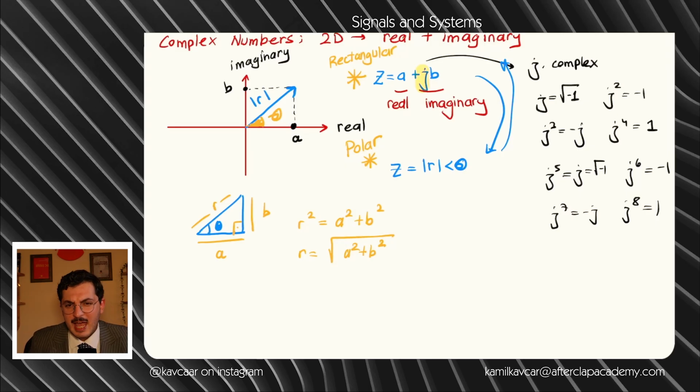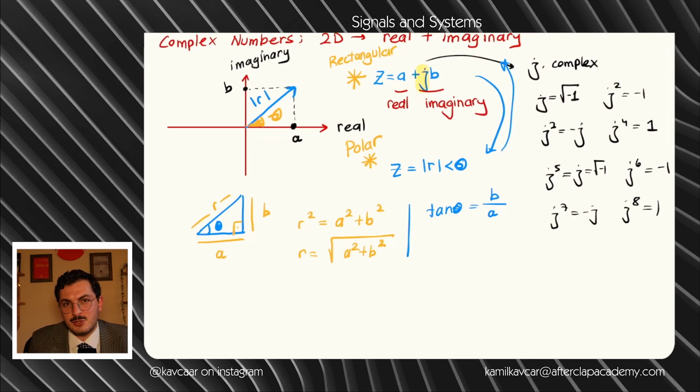Why? Because if you have the basic knowledge of trigonometry, you're going to see that the tangent of this theta is going to be equal to b over a. So logically, if we take arctangent or inverse tangent of both sides, I said it like they're two different things, but they're the same thing.